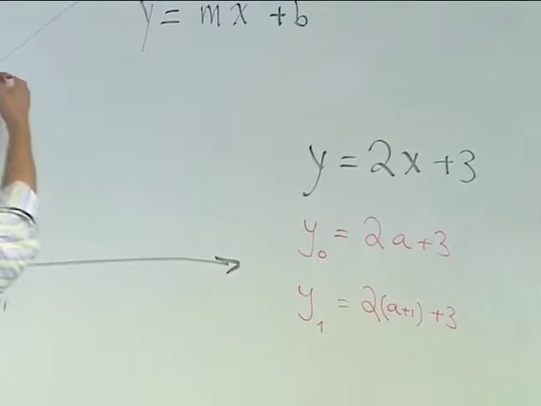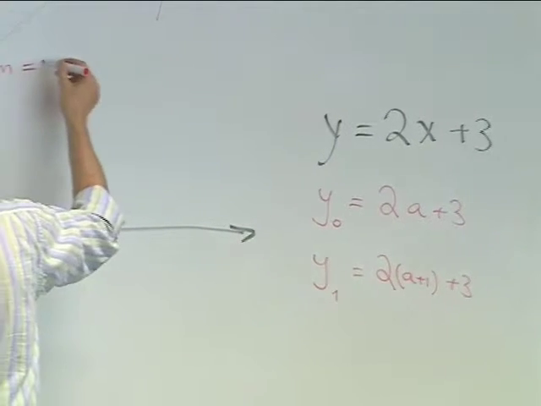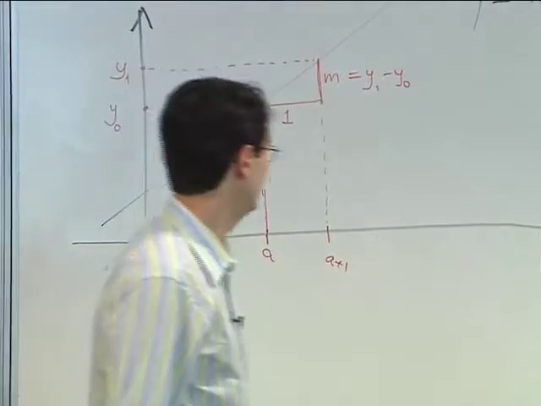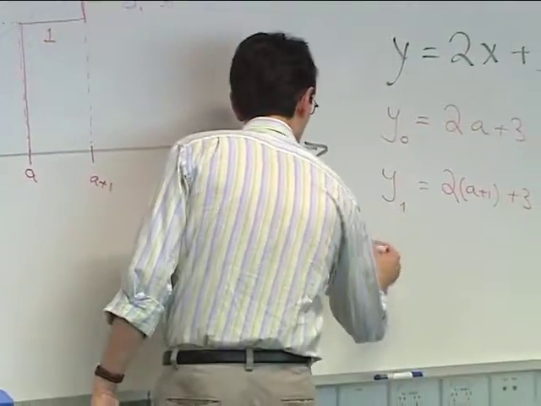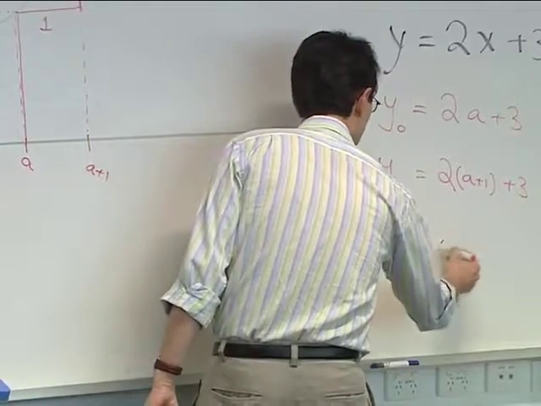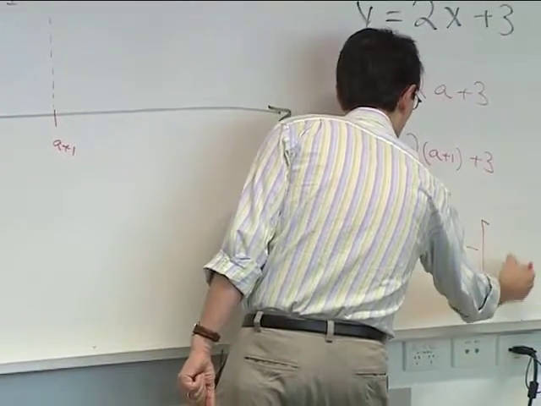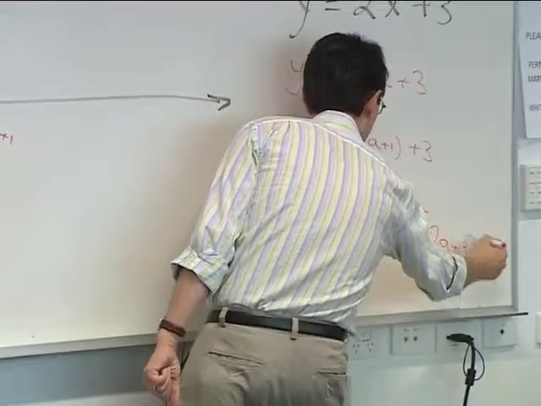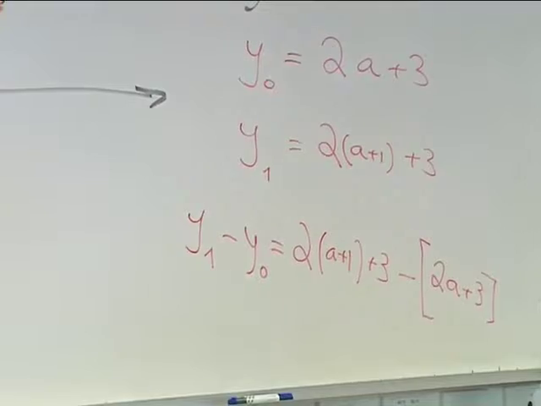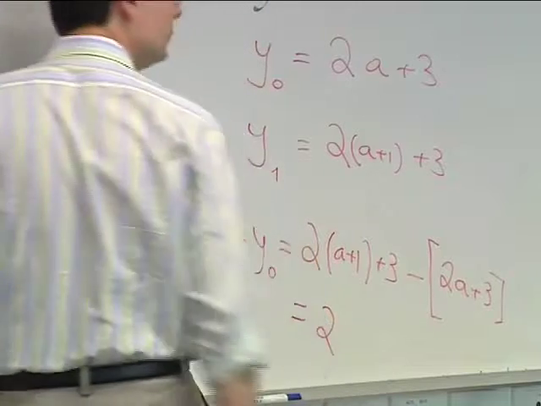And I want to figure out the displacement in the vertical, which is y1 take away y0. If I do y1 take away y0, you have 2a plus 1 plus 3 take away 2a plus 3. You notice that the 3's cancel, and the 2a's cancel. You're left with 2.